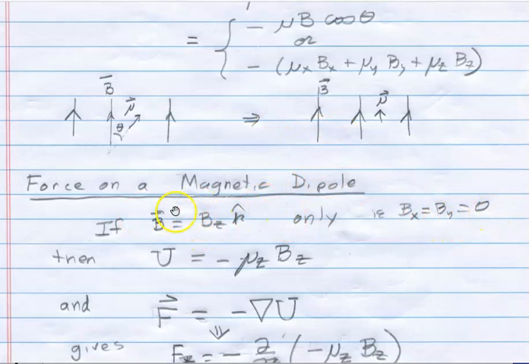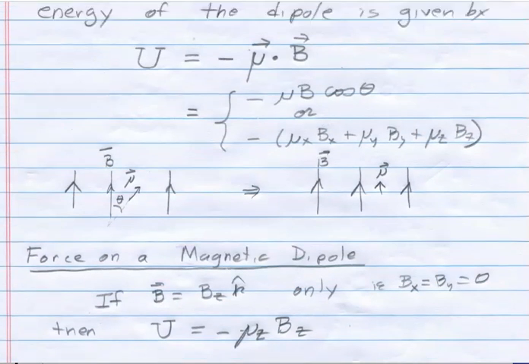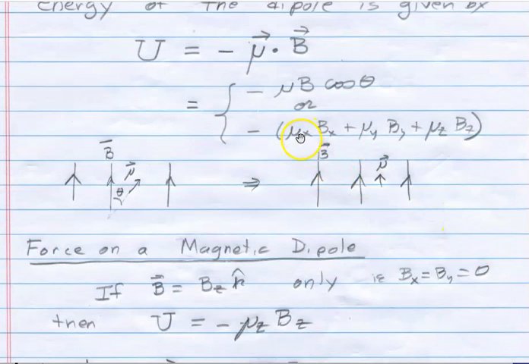Now in the second form, Bx is 0, By is 0, so this reduces to a negative sign, mu z, the z component of the magnetic dipole moment, times Bz, the z component of the magnetic field.